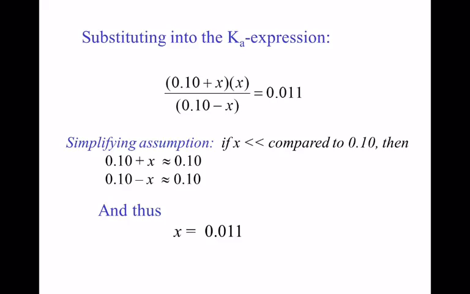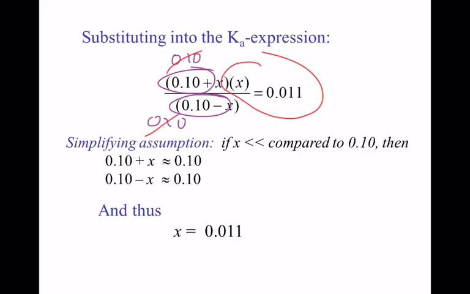It's not on the slides, but it's on the board, and I could have been a little more explicit on the slides. In that case this quantity becomes 0.10 and this quantity becomes 0.10, they cancel each other out, and you get X equal to 0.011.